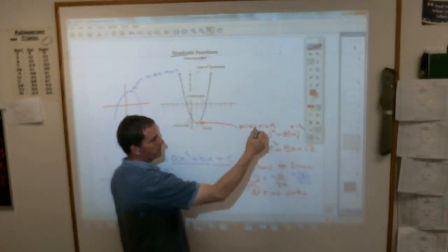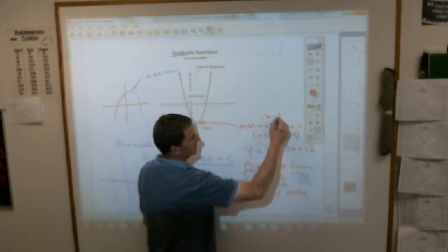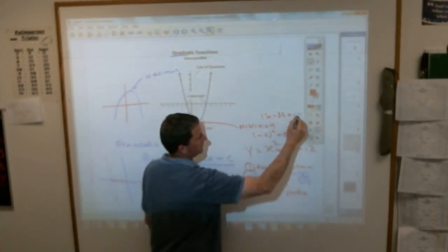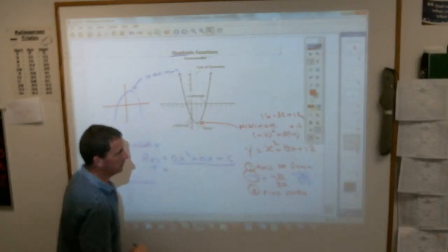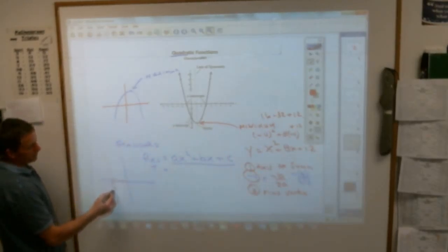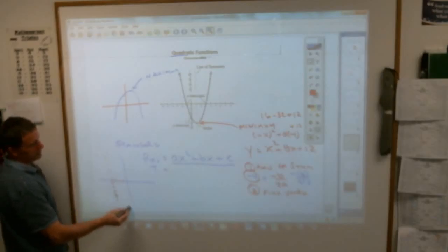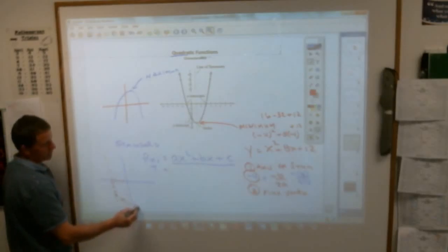Negative 4 times negative 4 is positive 16. Positive 16 minus 32 plus 12. Actually, it's not bad. What is it? Negative 4. So here at negative 4, that is my minimum. That's as low as that graph's ever going to go. It's the vertex, and it's also called the minimum.